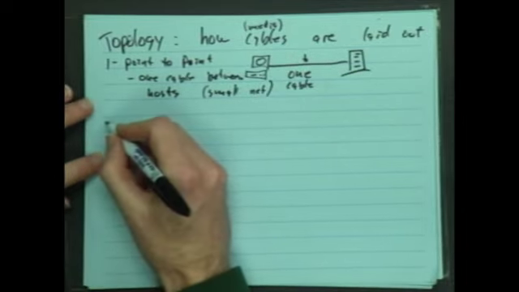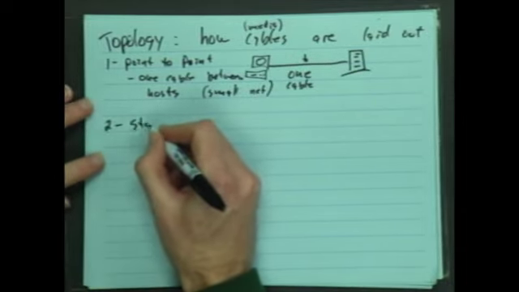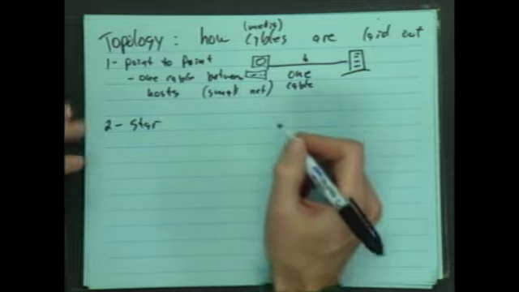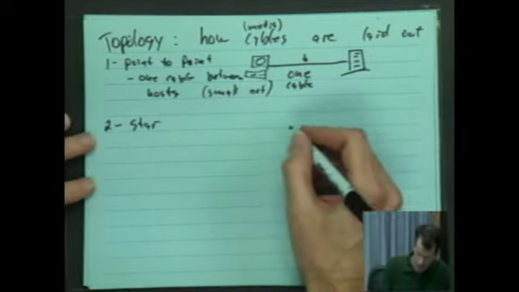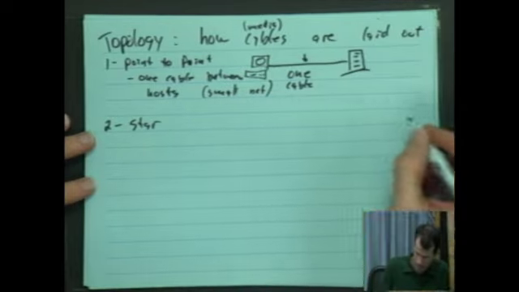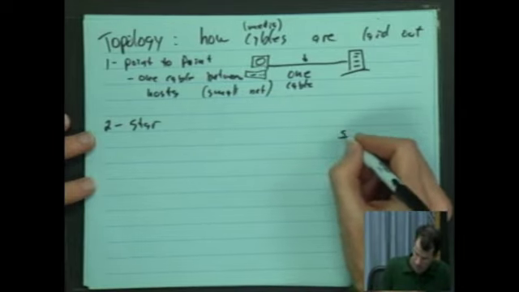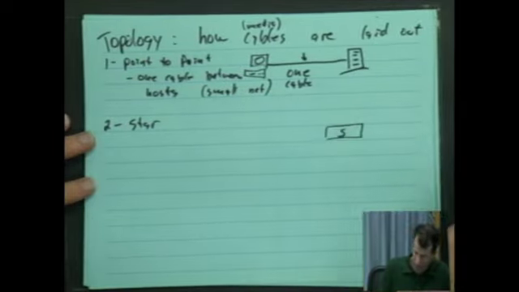The second topology is called a star topology. A star topology means we're connecting to a central device. And I'll draw a switch here.